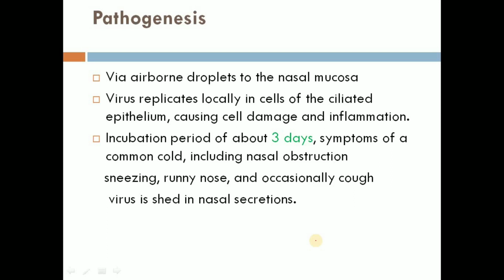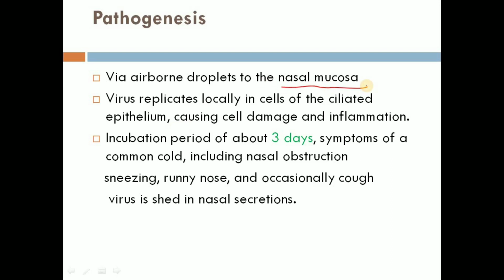If you find symptoms like this, you have to isolate and quarantine yourself, avoid going to public places, to be safe. So it's via airborne droplets, one thing, and nasal mucosa.